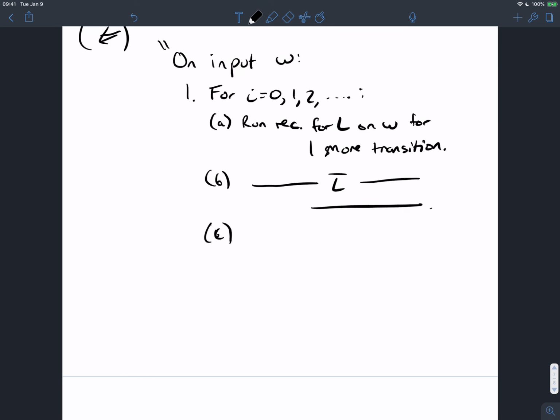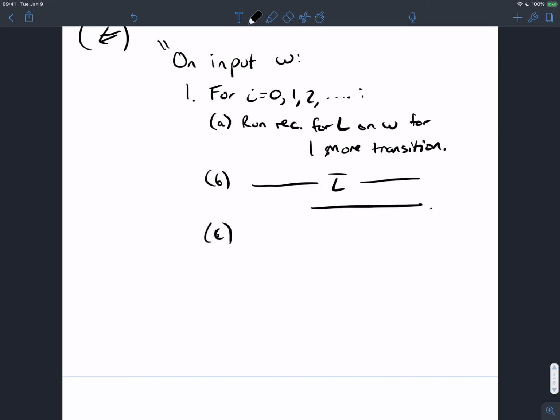But we have to be a little bit careful. So this one will seem kind of obvious, but you'll see why I'm asking it. What if the recognizer for L says, yes, it's in my language? What should the big machine that we're making say? The recognizer for L said yes. So is it in L?